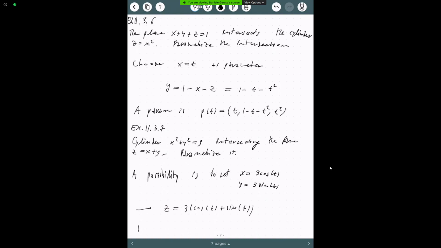So our parameterization is (3 cosine t, 3 sine t, 3 cosine t plus 3 sine t). Yes, so this is what we have.